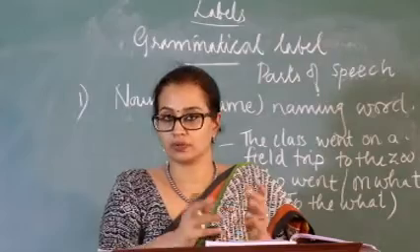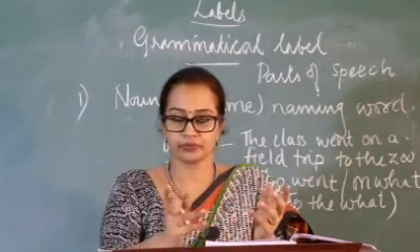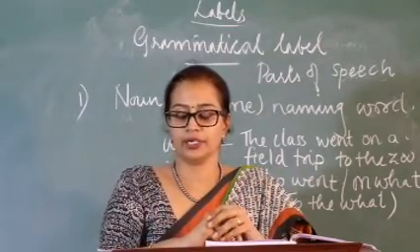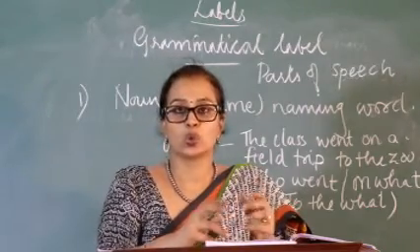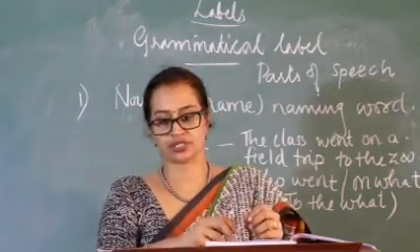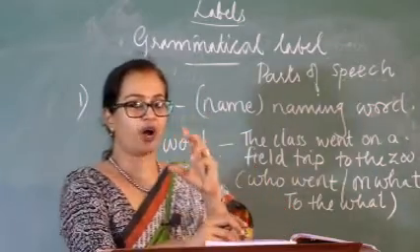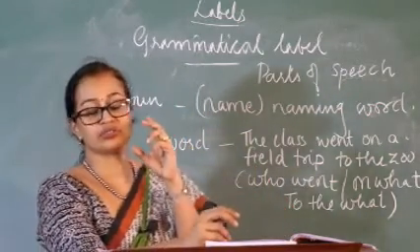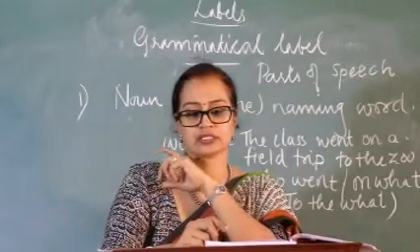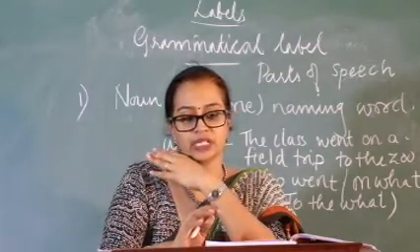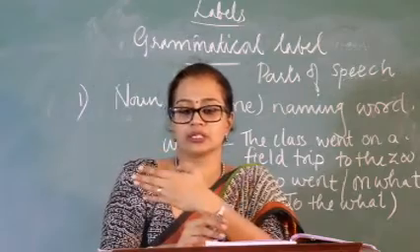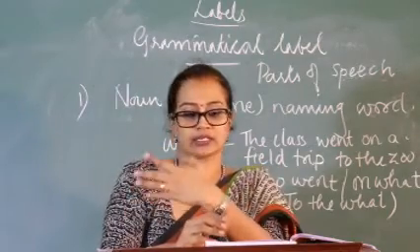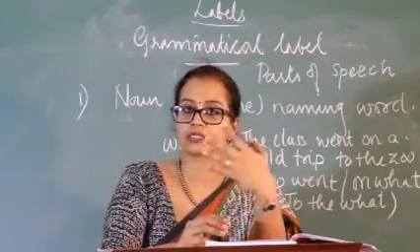Certain times, not with proper nouns. However, nouns also answer the questions who and what. Now, they can be found on 3 levels. I did tell you that grammatical labels are concerned with 3 levels only, and that is the word, the phrase and the clause.